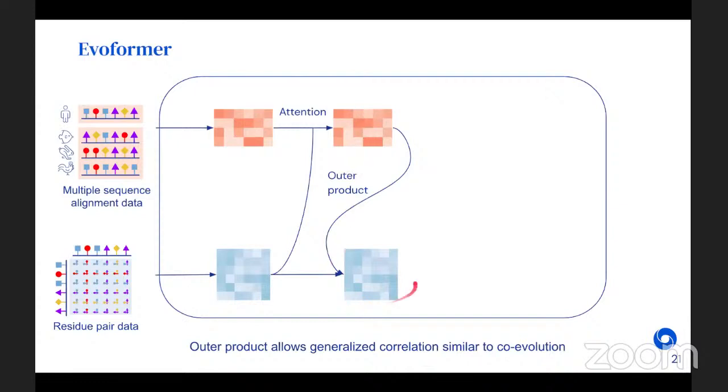And then you get number of residues by number of residues matrix. So that's basically the intuition behind this operation. So you just compute correlation. So what correlates to what? And then use this to update the residue pairs. Okay? Makes sense. So that allows you to incorporate things like coevolution, as I described, like generalized correlation.